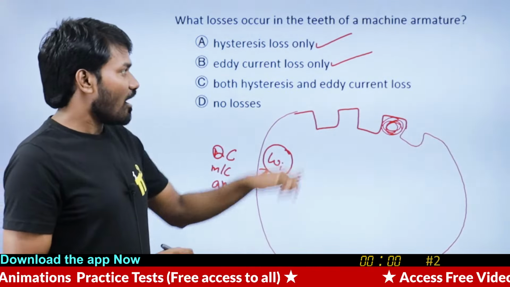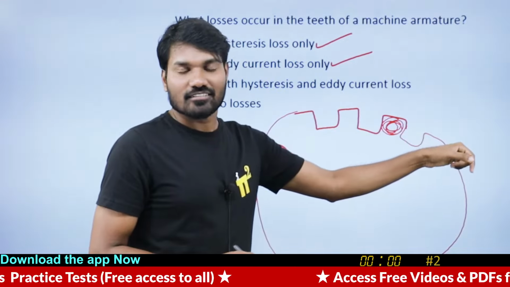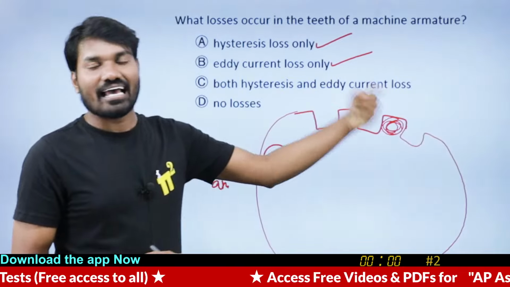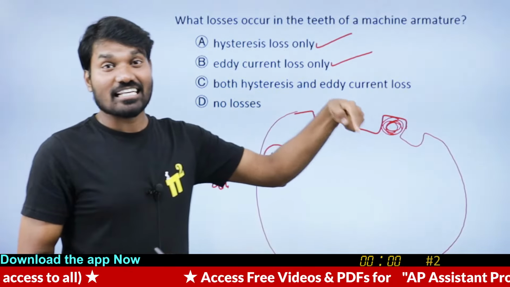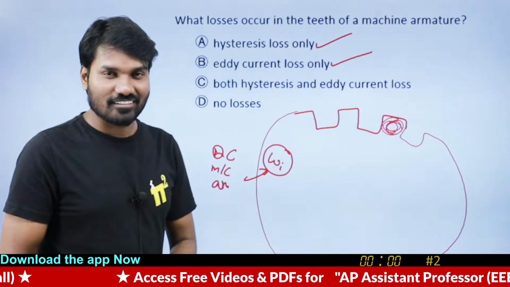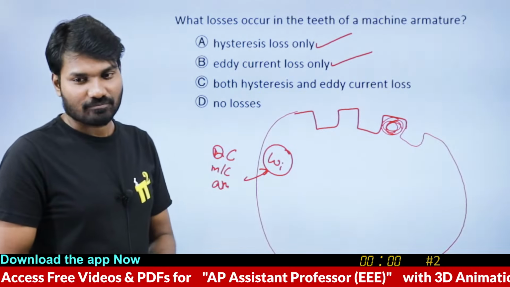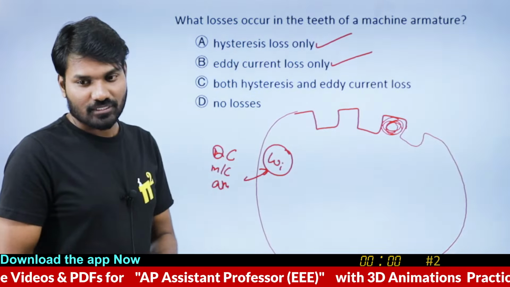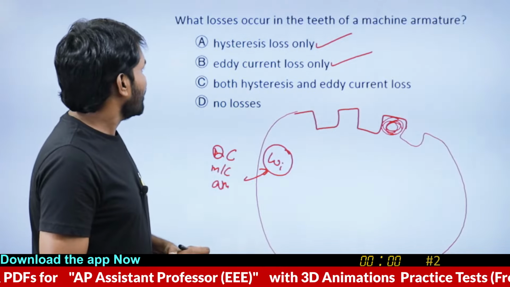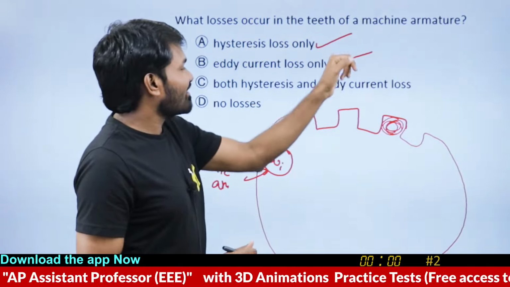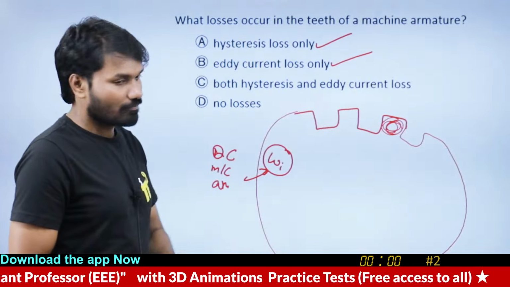Because armature conductors will carry AC current. If AC current is there, eddy and hysteresis losses both will come. So you will have both hysteresis and eddy current losses.